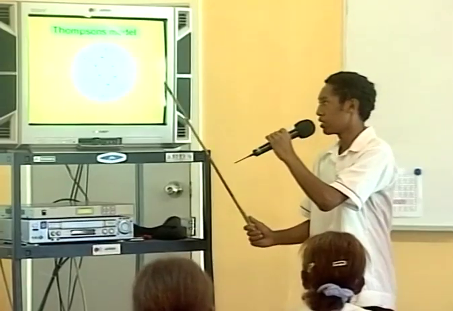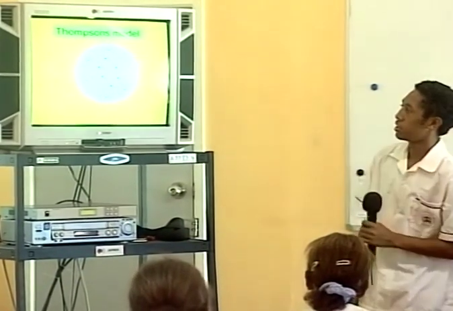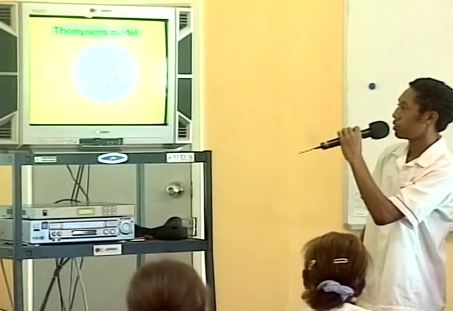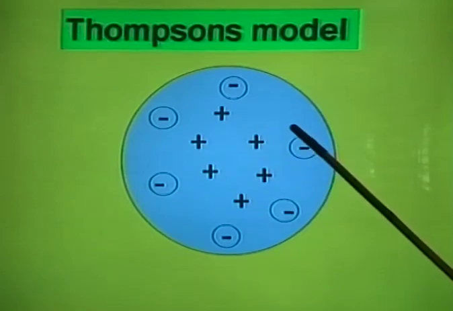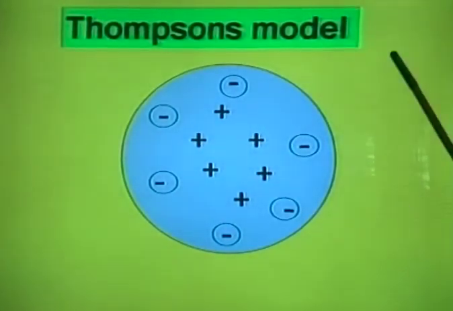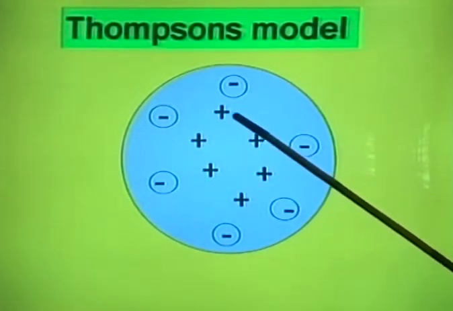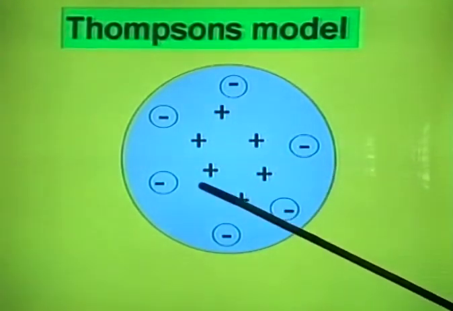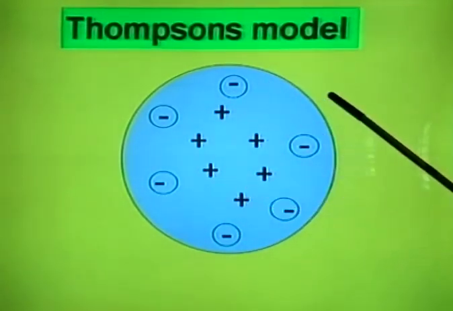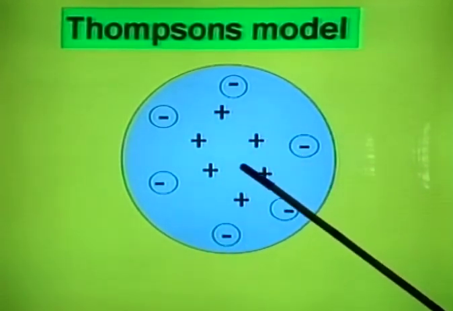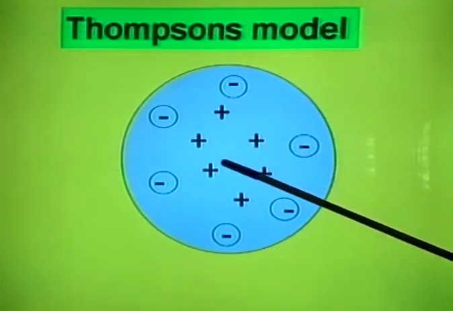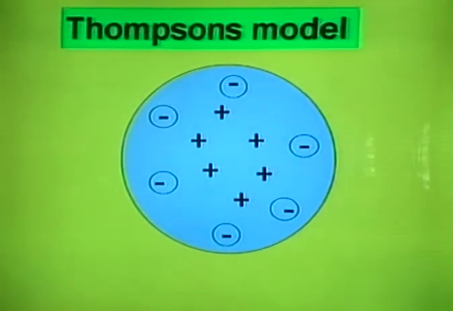Thompson's theory about the atomic structure stated that there was a sphere, and the electrons are scattered around the protons inside the sphere. So the negatively charged electrons surrounded, sorry, not the sphere, but the positively charged protons in the middle.